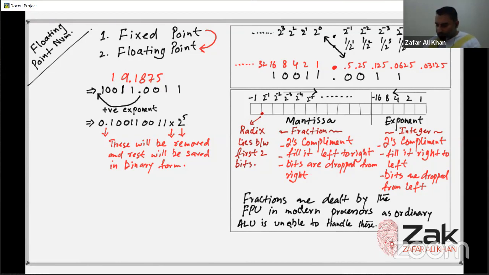So what we do, we just put it this way. We remove this point, this multiply and this 2, and we convert this 5 to its binary form. And we use this space to signify that this is the mantissa part and this is the exponent part. Now one thing that is actually very important: the actual conversion of 5 is 101, but we have to put this 0 here.